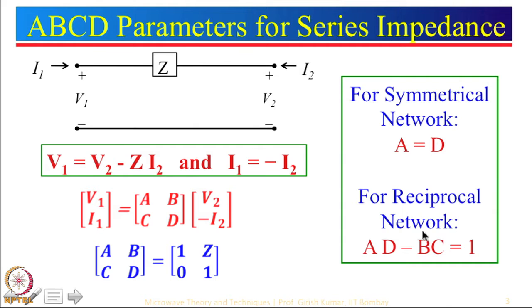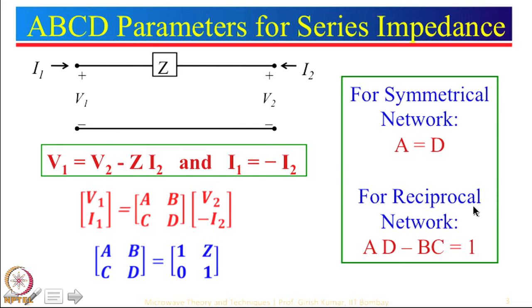Now, for a reciprocal network, AD minus BC is equal to 1. This term corresponds to the determinant of matrix ABCD. So, if the determinant of the matrix is equal to 1, this is a reciprocal network.